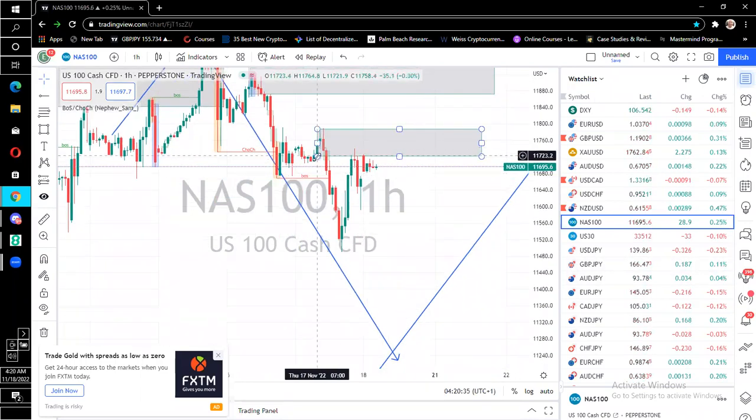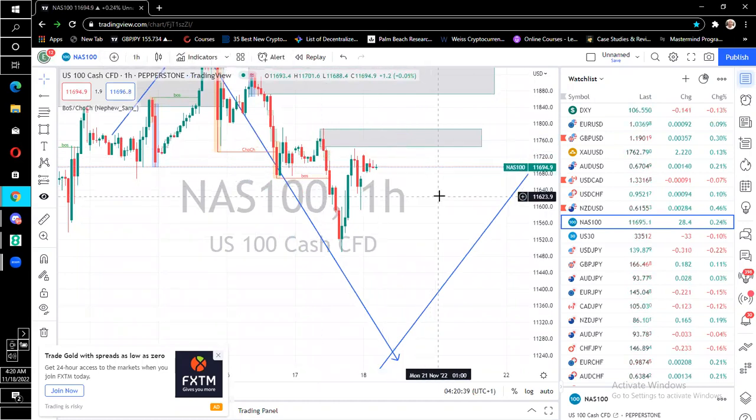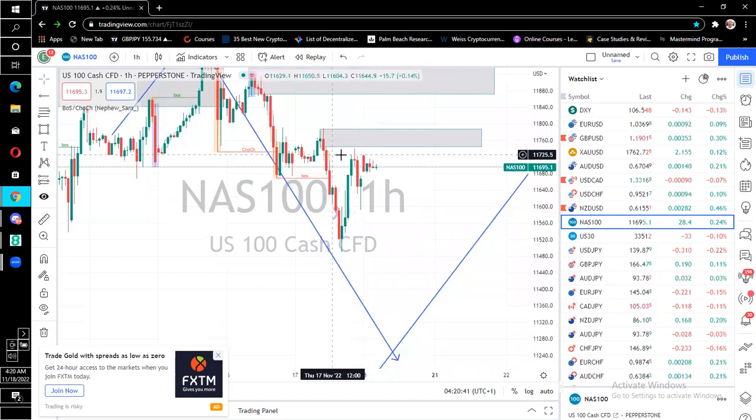Now, in this 1 hour chart, we'll also refine our entry. The market came back here, tapped into this fair value gap, and pushed to this side. It tapped into this fair value gap and pushed to the upside, and there was a market skip here.